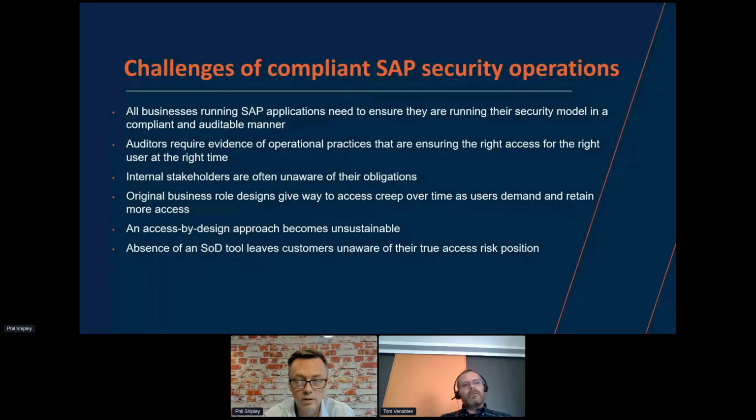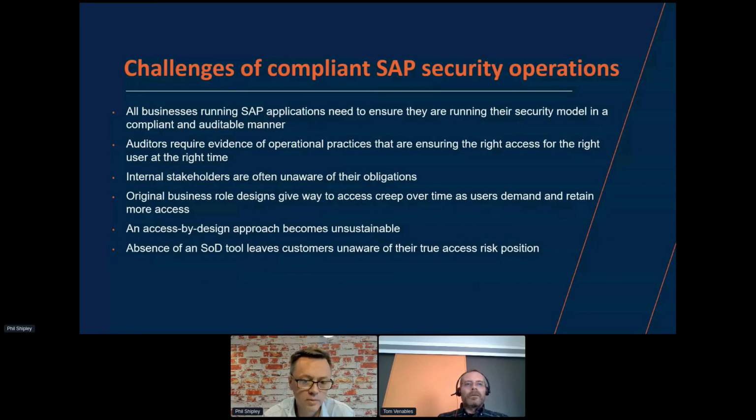In many businesses, a CFO or a CIO may be deemed to be the SAP system owner, but if they don't have a governance model, and if it doesn't articulate delegation and accountability, then when an auditor says, well, we've found a breach, we've found potential fraud, it comes right back to that system owner that's going to be held to account that they didn't have the processes in place to operate securely.